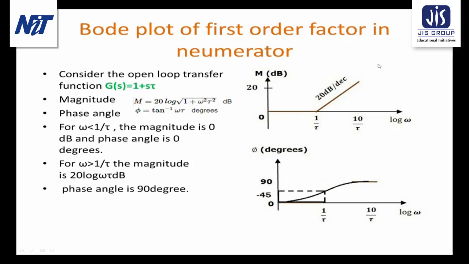So this is the complete Bode plot: the magnitude plot of the first order factor in the numerator, and this one is the phase angle plot. Here the phase angle is 0 at 0.1 of the corner frequency, at the corner frequency it becomes plus 45, and then it will be plus 90 degrees.